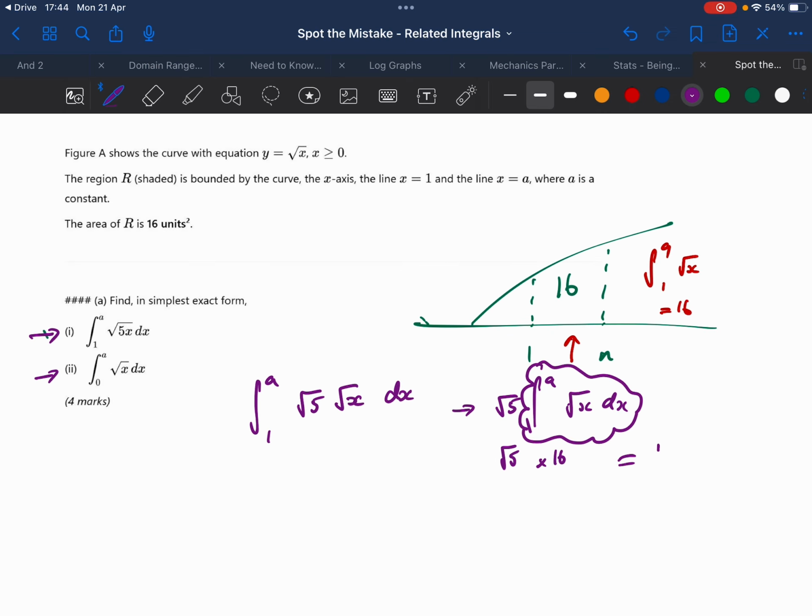I need instead to just say that this is 16 root 5 units squared. You'd often spot this because it might say 1 mark or 2 marks next to it.